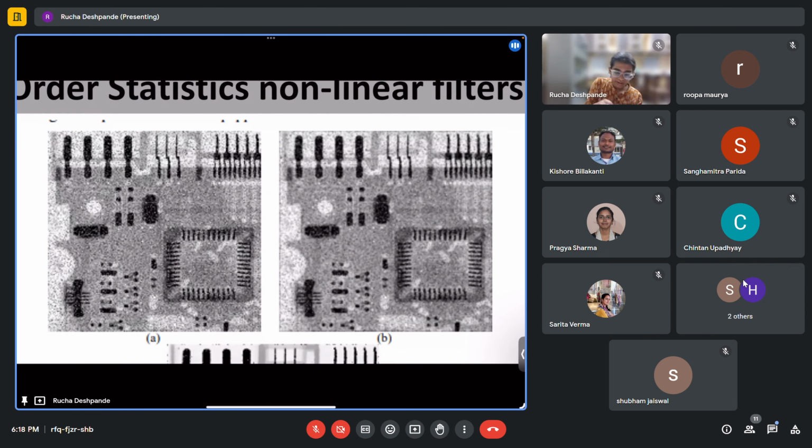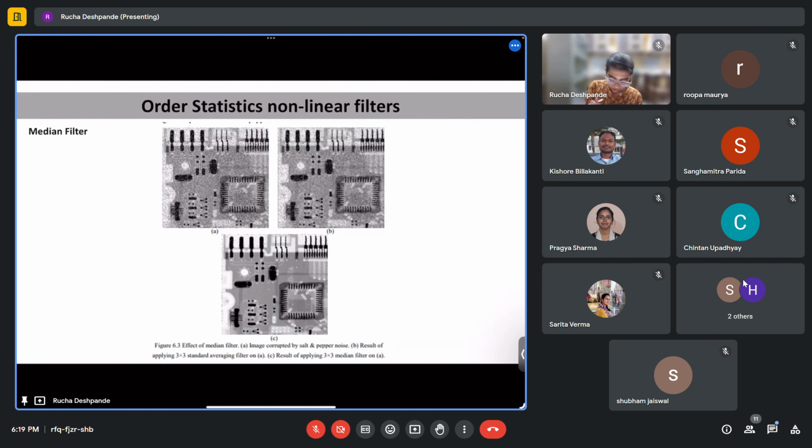Okay. So this is the original image, which contains salt and pepper noise, where the image looks very grainy because of the presence of some high intensity or low intensity pixels. Now here, this figure B is the result of applying a 3x3 standard averaging filter.